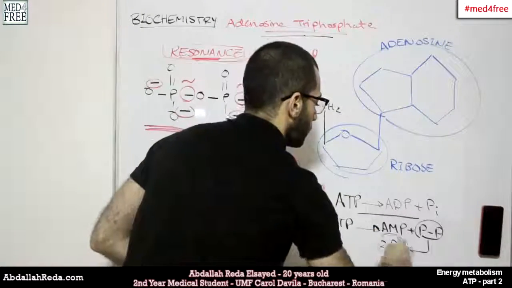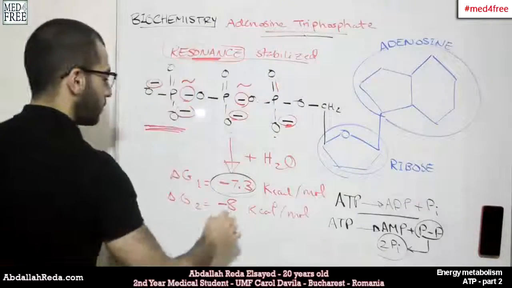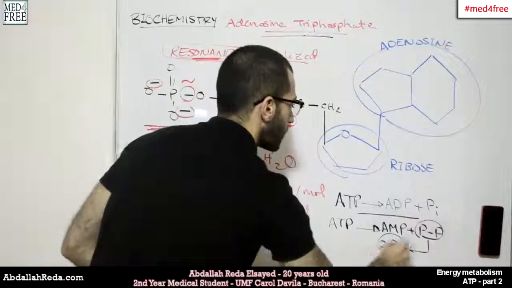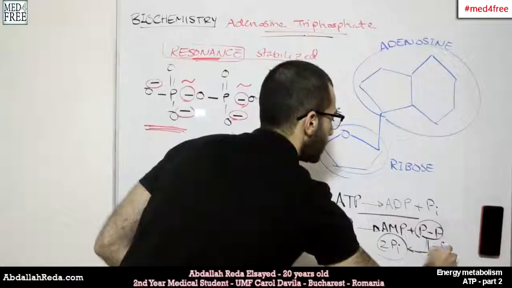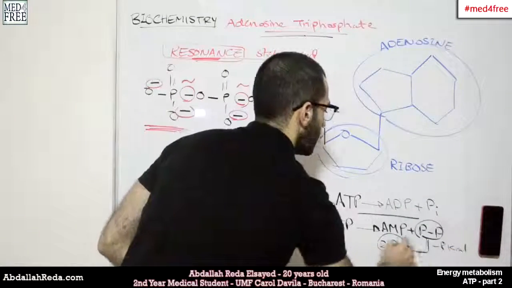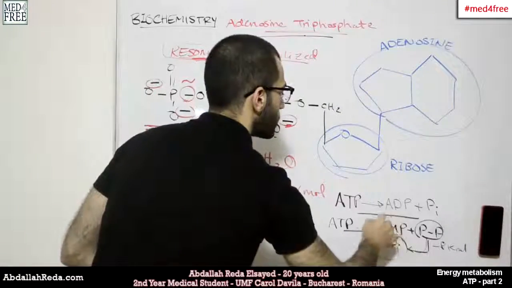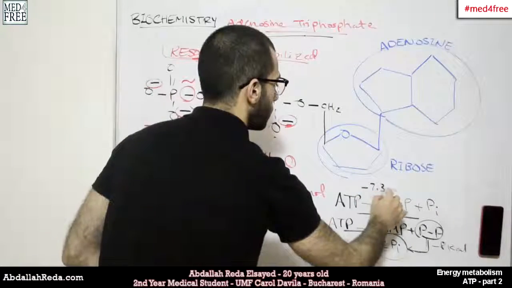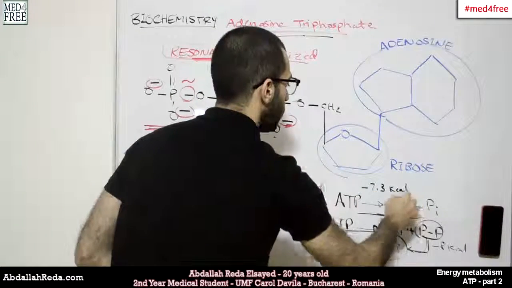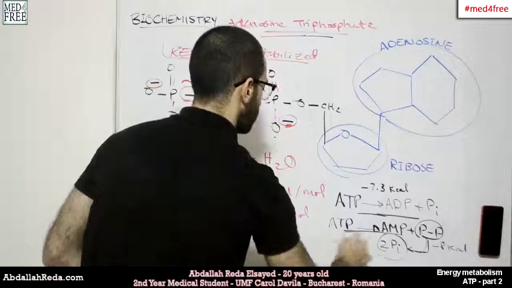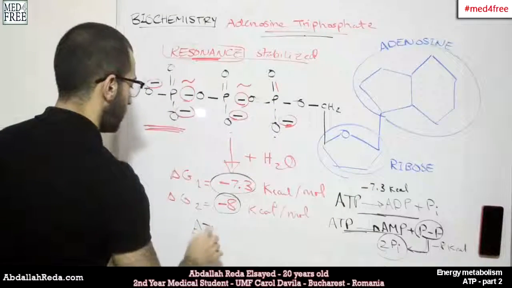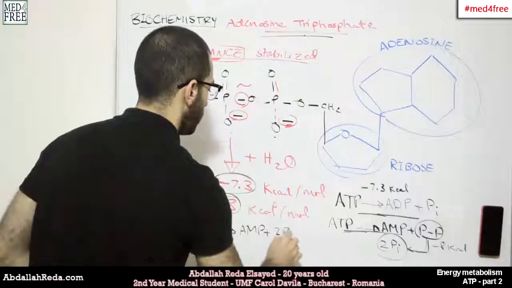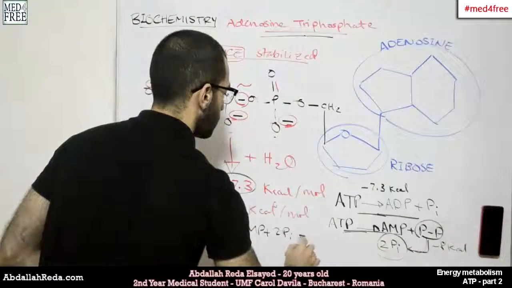So this reaction would give the -8, and the total reaction, so this part is -8 kilocalories, and this one is just like the first one, -7.3 kilocalories per mole.